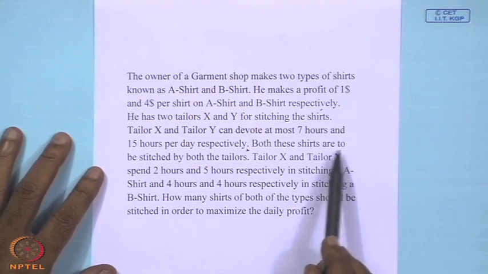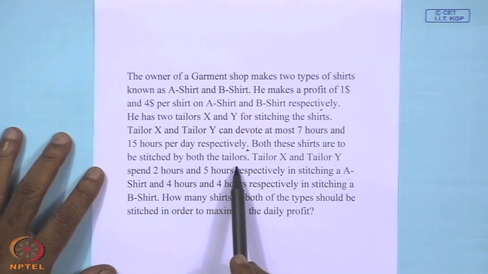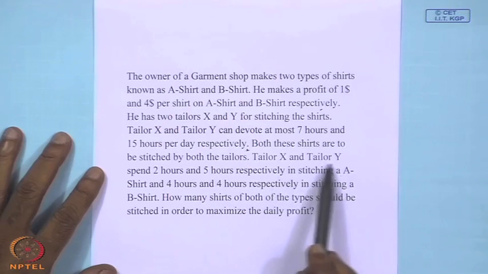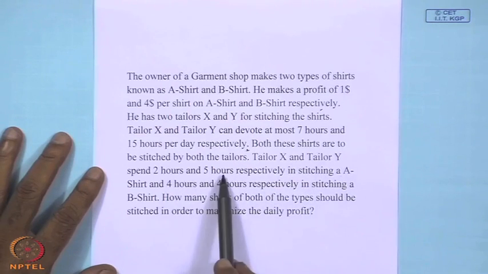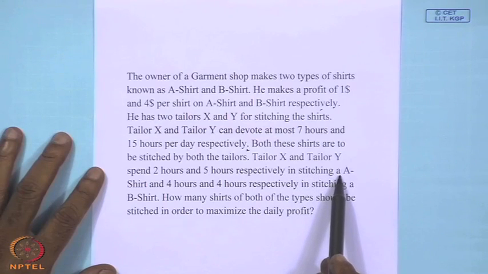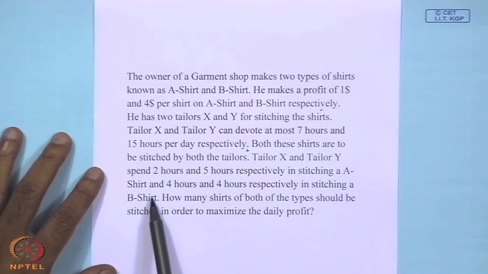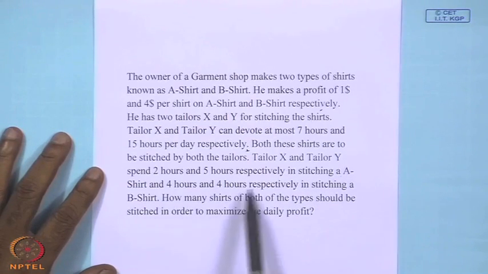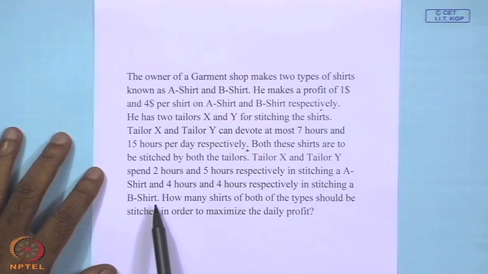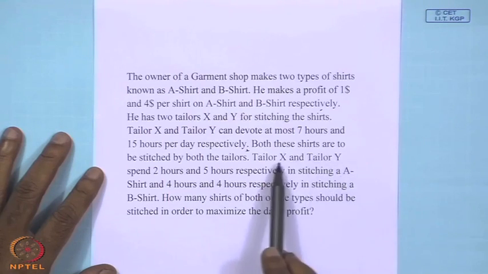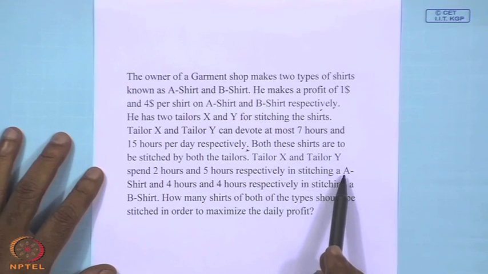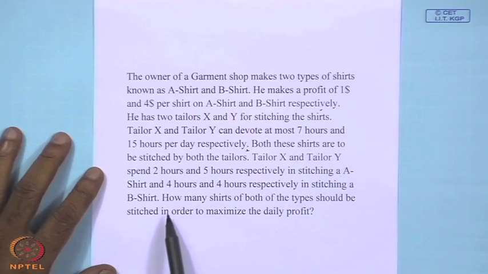Both of these shirts are to be stitched by both the tailors, meaning both the tailors can stitch both types of shirts. Tailor X and tailor Y spend 2 hours and 5 hours respectively in stitching one A type of shirt, and 4 hours and 4 hours respectively in stitching one B type of shirt.